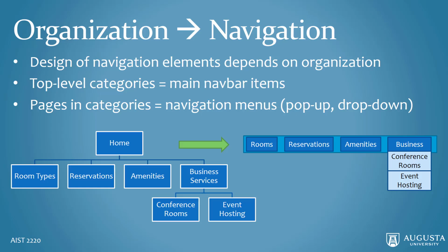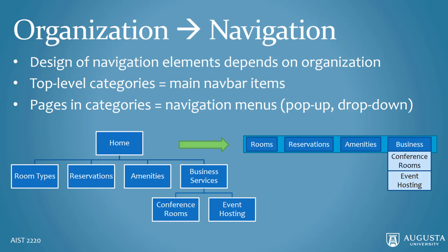Next, the pages within these categories, such as conference rooms and event hosting under business services, are often placed in navigation menus, which would be drop-downs or pop-up menus depending on the design. Here, you see them as a drop-down menu underneath the business option.